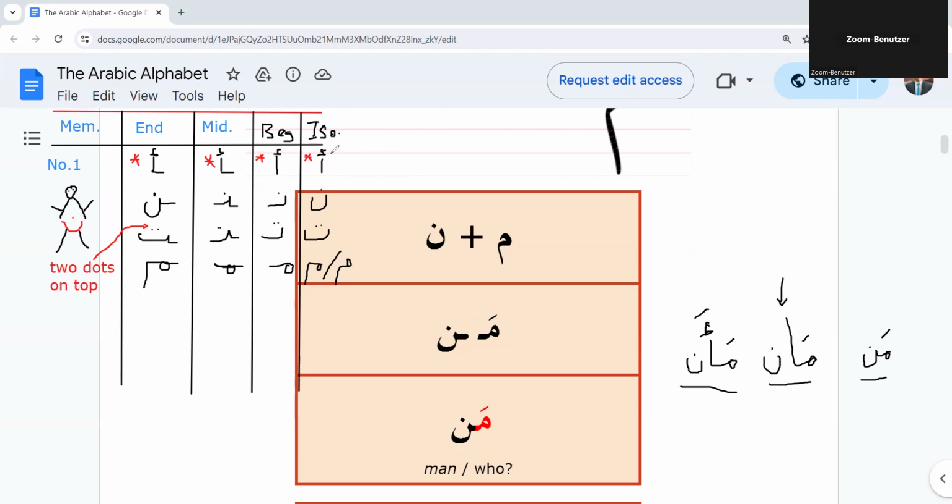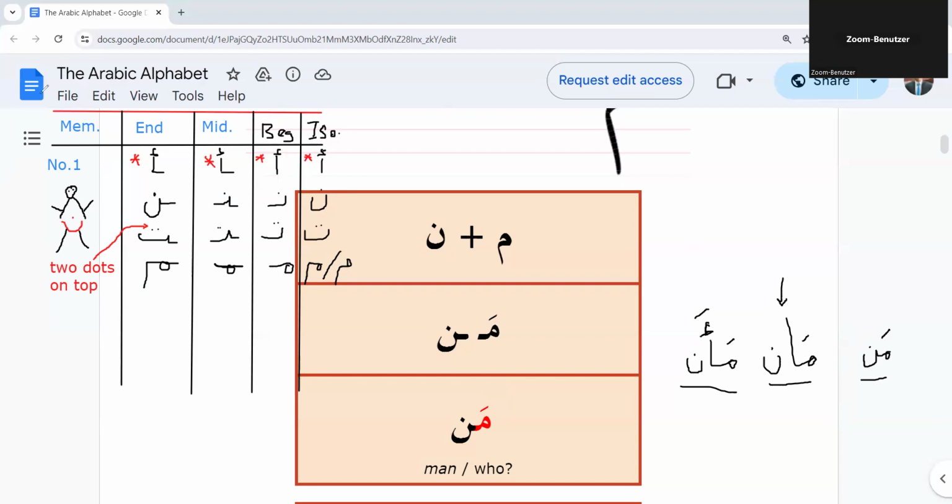That's why I told you that some people consider that we have 29 letters, not 28, because they consider the hamza different from the alif. The alif as a vowel is different from the alif with a hamza, the glottal stop. Okay, so we have man and something like in apple. Yes. Great. So this can be a good example to know the differences.